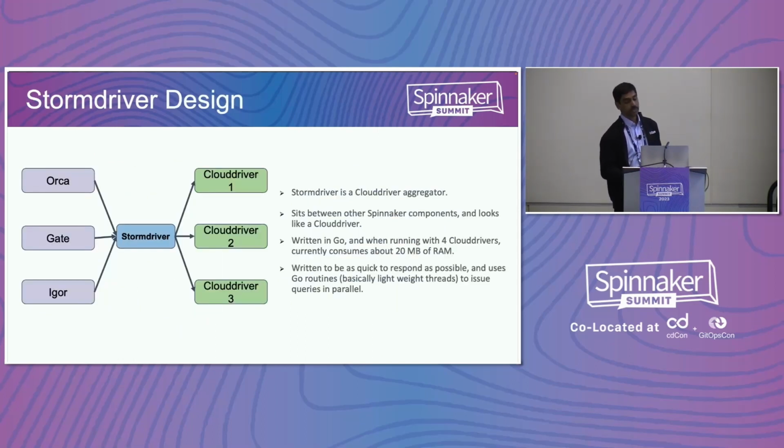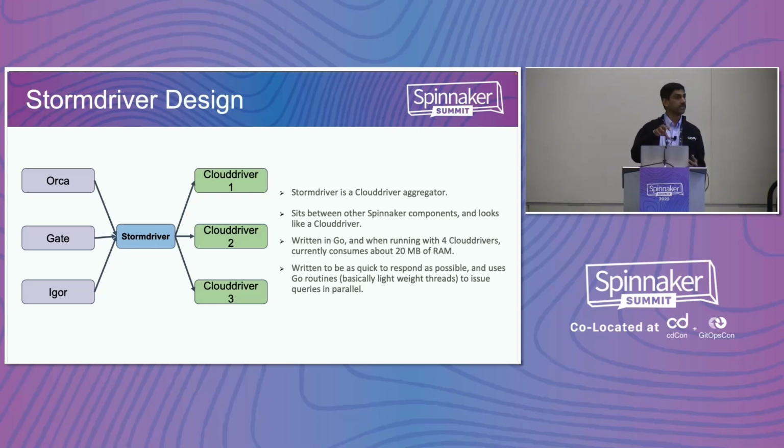So what we did was put a scatter-gather in front of the Clouddrivers. Each of these Clouddriver instances can have its own accounts. So if you have 1,000 accounts, you can have 300 or 400 accounts with each Clouddriver instance.